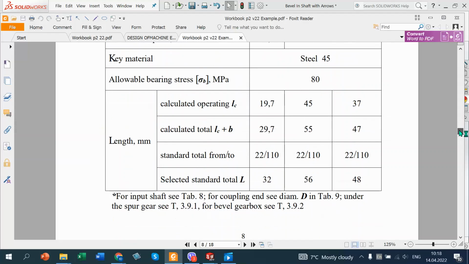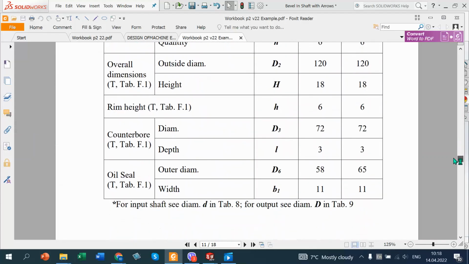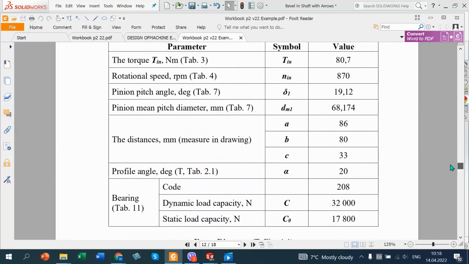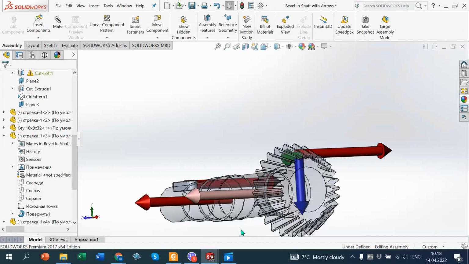So you can calculate or take it from table. Then we know value, we know direction of this force. And where it is applied.